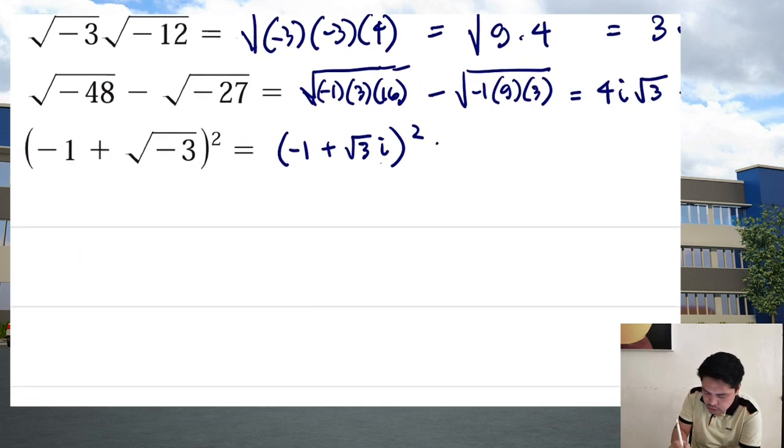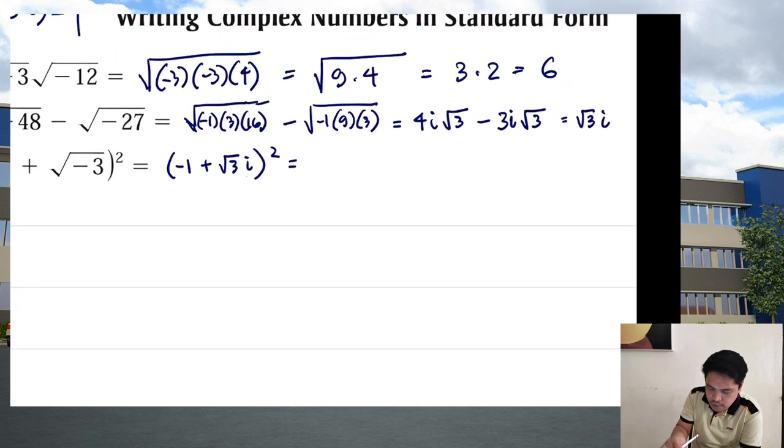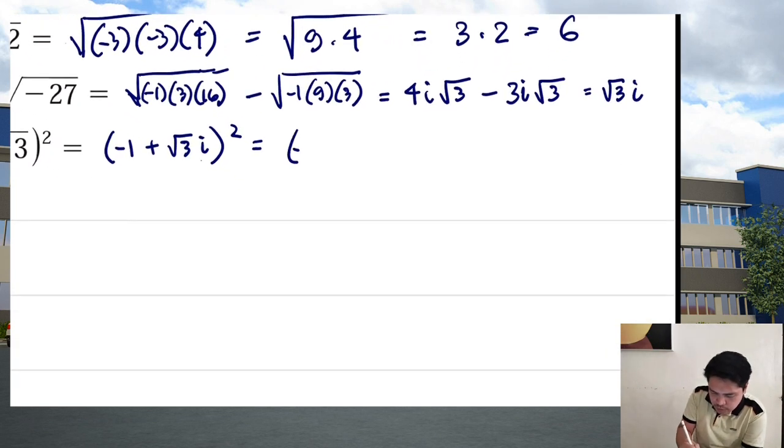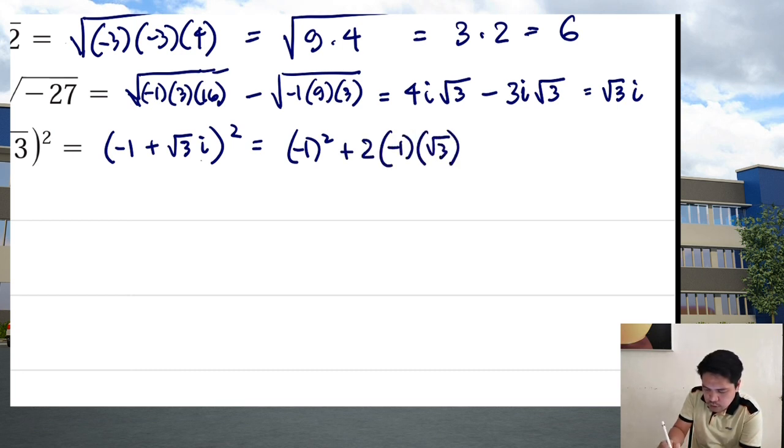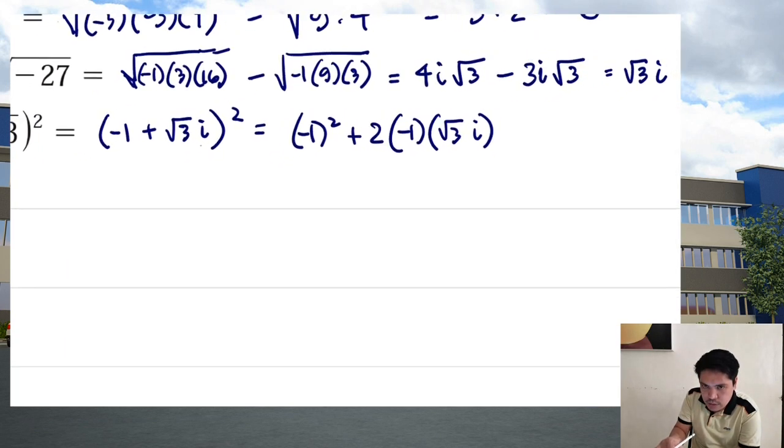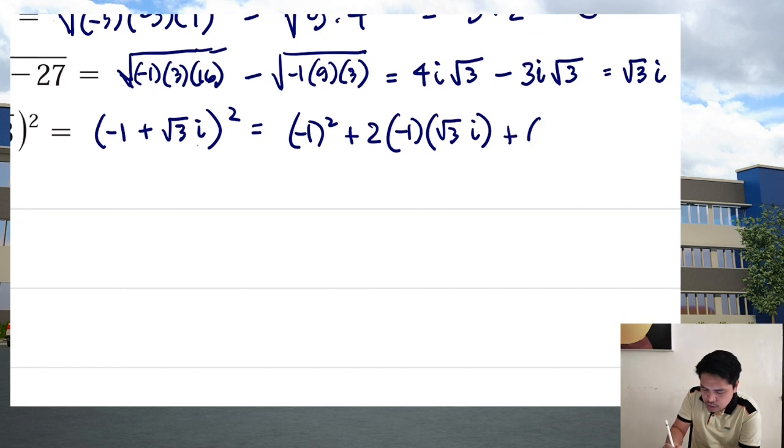Then, we square that. So, following the formula, we'll have negative 1 squared plus twice of the first term times the second term. Sorry, that would be square root of 3i. Again, nasa labas yung i. Then, plus the square of the last term. So, that's square root of 3i squared.